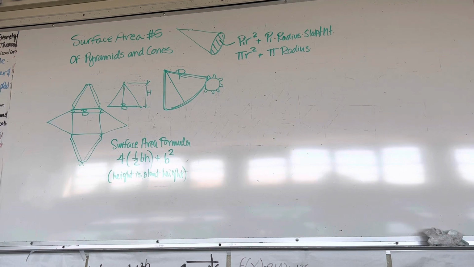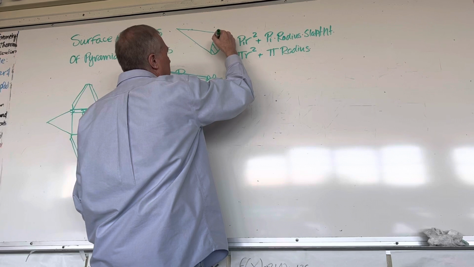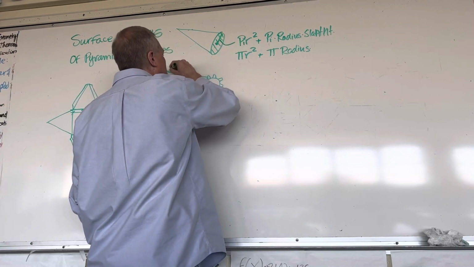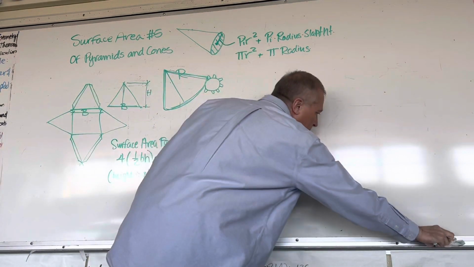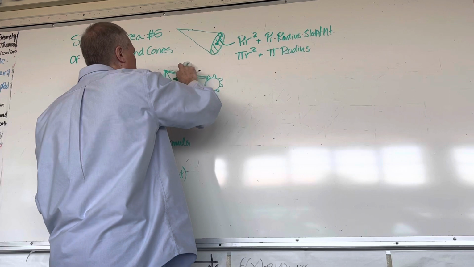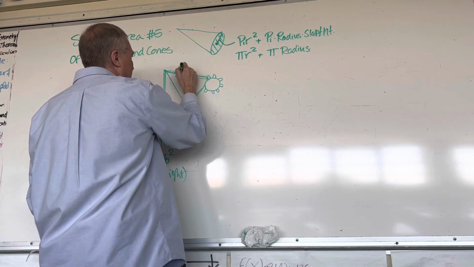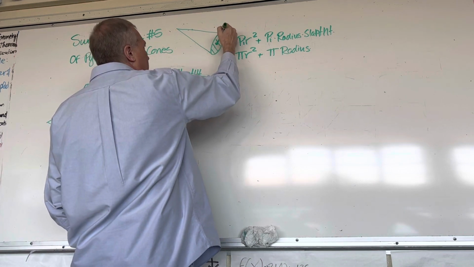Oh, duh. I'm sorry, you guys. They're using this radius here. Why am I doing this? I apologize. Let me correct this right now. This is the radius on the bottom times the slant height here. So, we're not calling this the r. We're going to call this the slanted height, okay? So from here to here, this is the slant height. And this is the radius here on it.